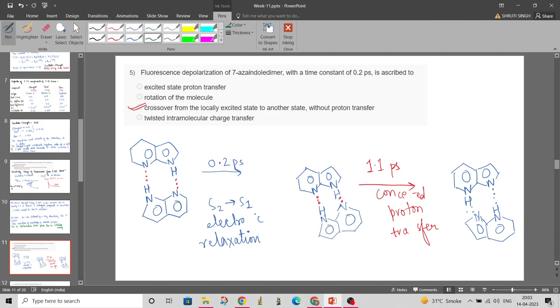This is the hydrogen bond with the 5 and covalent bond with 6. Here we had covalent with 5 and hydrogen with 6. So after proton transfer, this got reversed.